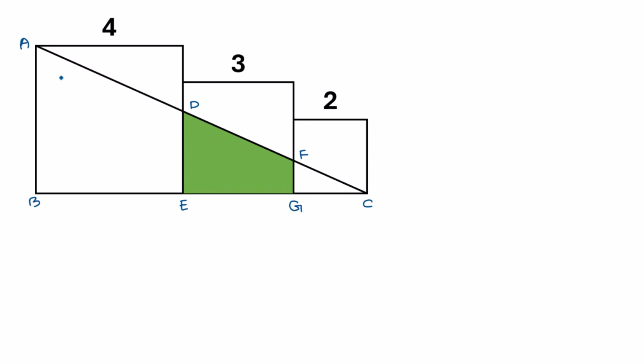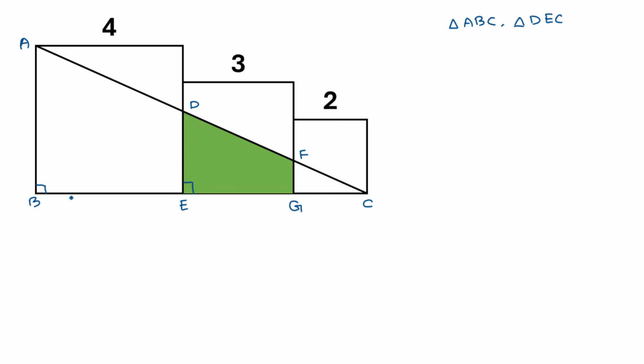Now focus on triangle ABC and triangle DEC. In these two triangles, this angle B is 90 degrees and in this triangle angle E is 90 degrees.